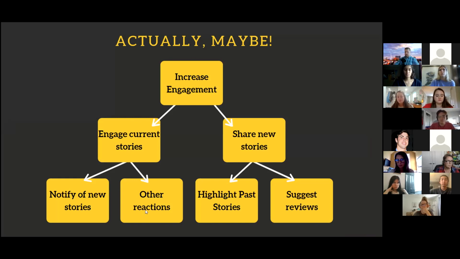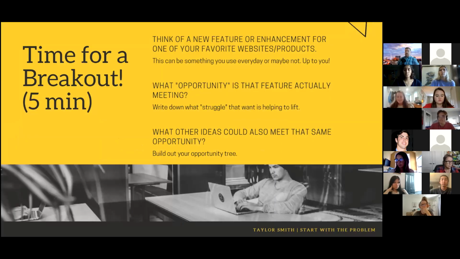Okay. Hopefully that makes sense. Now we're going to do the same thing we did a second ago, but for a website or a product that you own. It can be something you use every day. To Kate's point, it could be her iPhone. If you use the iPhone a lot, there might be something you would love to fix about it. I wish the iPhone did blank.